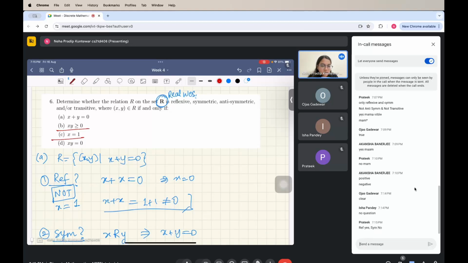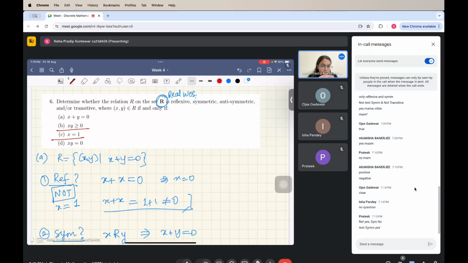Okay, Pratik says this is reflexive, not symmetric. Okay, good.